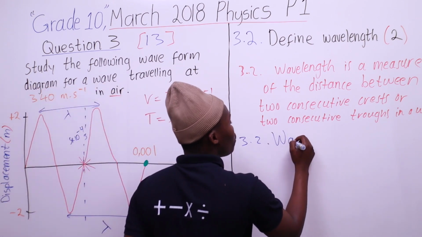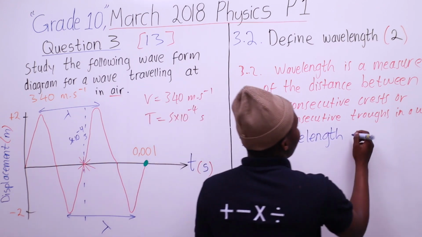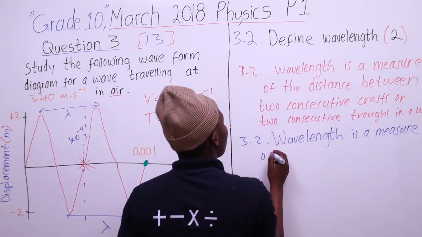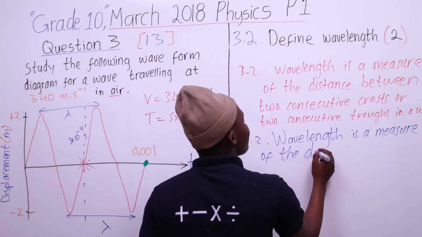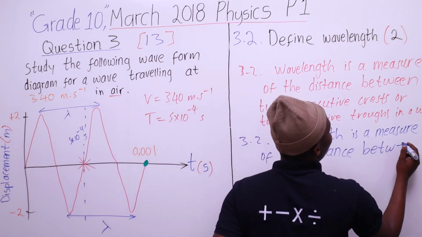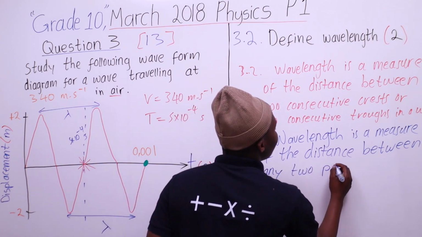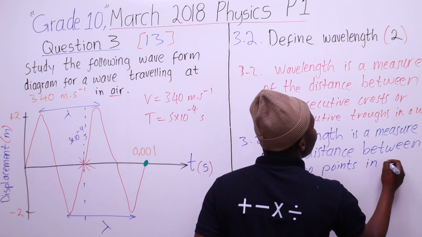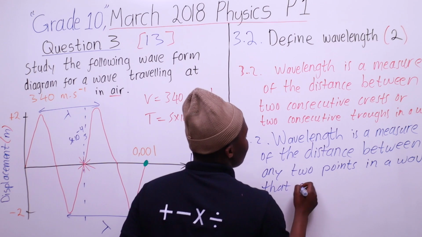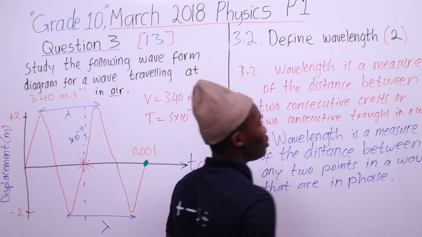Angathi wavelength. So a wavelength is a measure of the distance between any 2 points in a wave that are in phase.